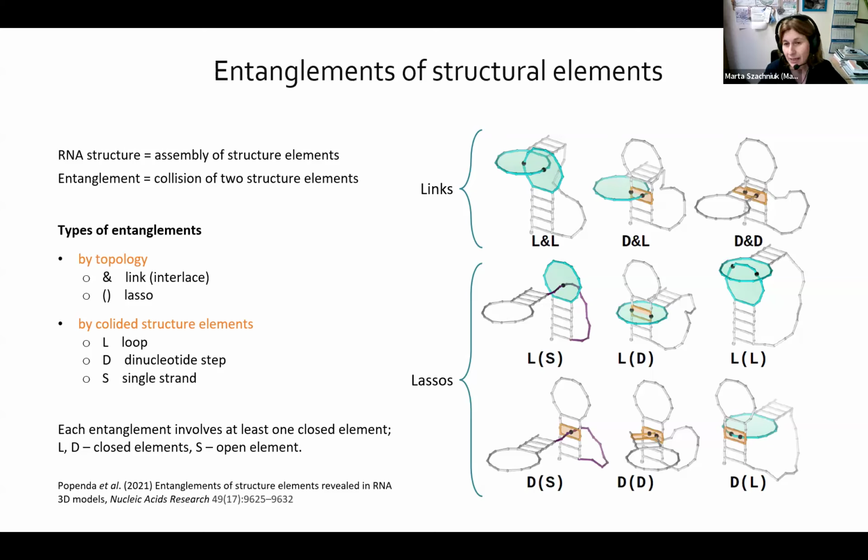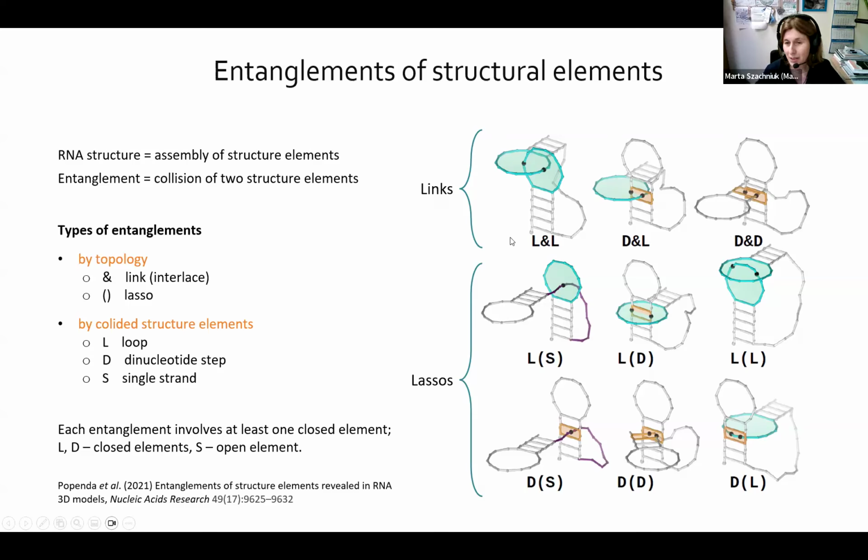And the second element is either an open element, like a single-stranded fragment, or another closed element. And the symbols here, which you can see under each of these types, tell us what types of elements are entangled here.